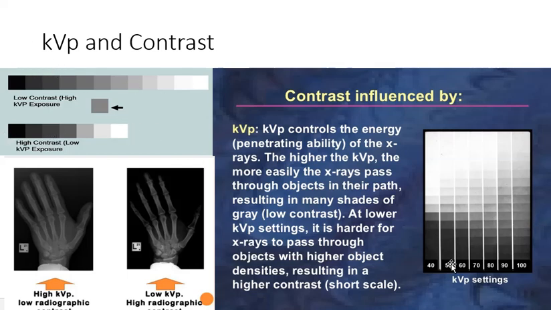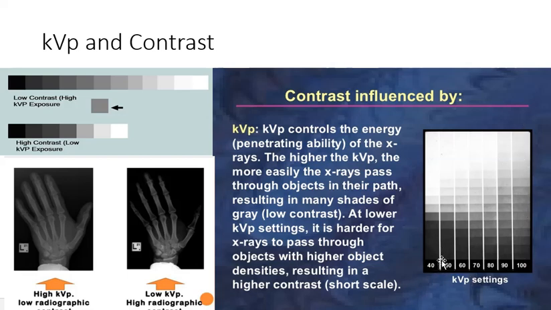So looking over here, you see it going up incrementally. At 40 kVp, we only penetrated to here. At 50 kVp, we penetrated to about here. It doesn't really look like there's a whole lot of change at 60 kVp, but at 70 kVp, you start to see some densities. At 80, 90, and 100, you've penetrated every single one of them.